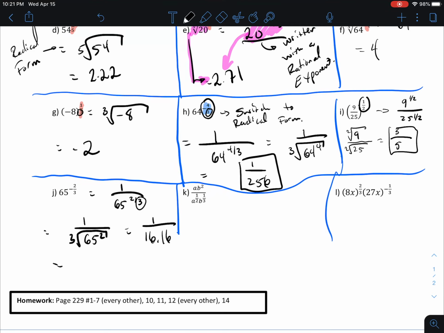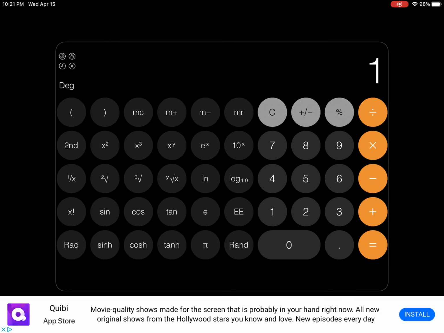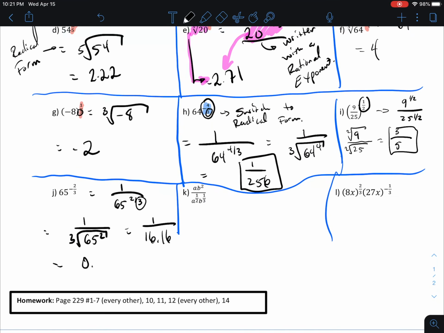So I'm going to get 1 over 16.16, which you could evaluate as a decimal, 0.06. The problem is you can't have decimals inside of fractions. So I would actually prefer this answer.